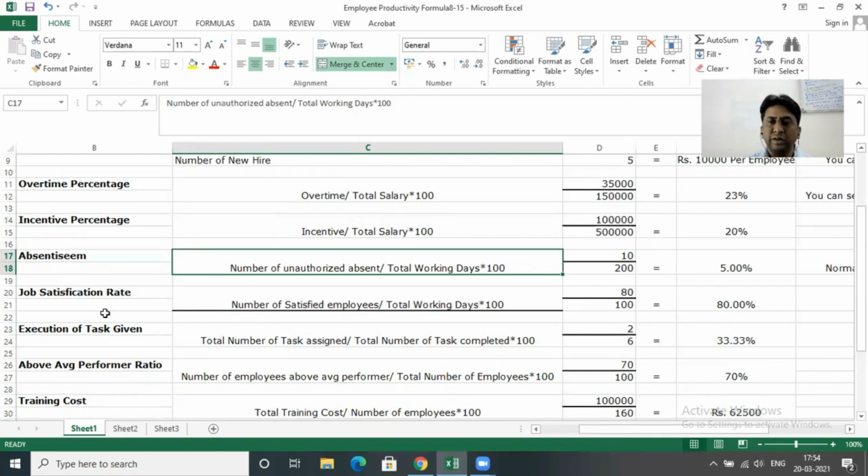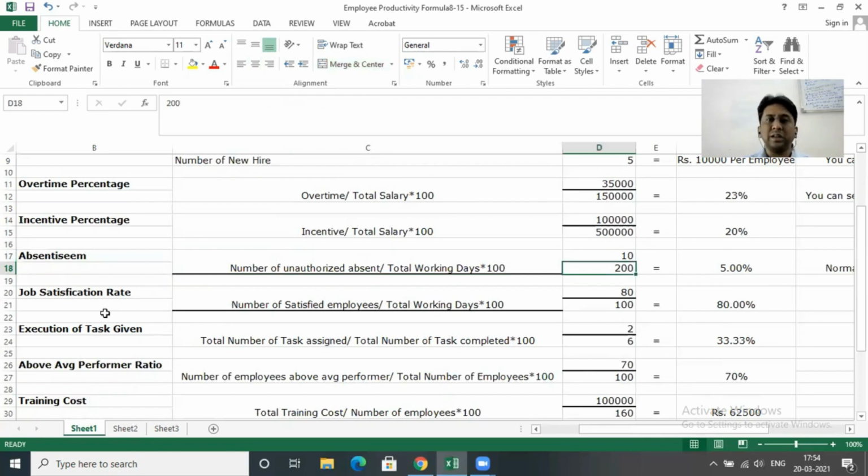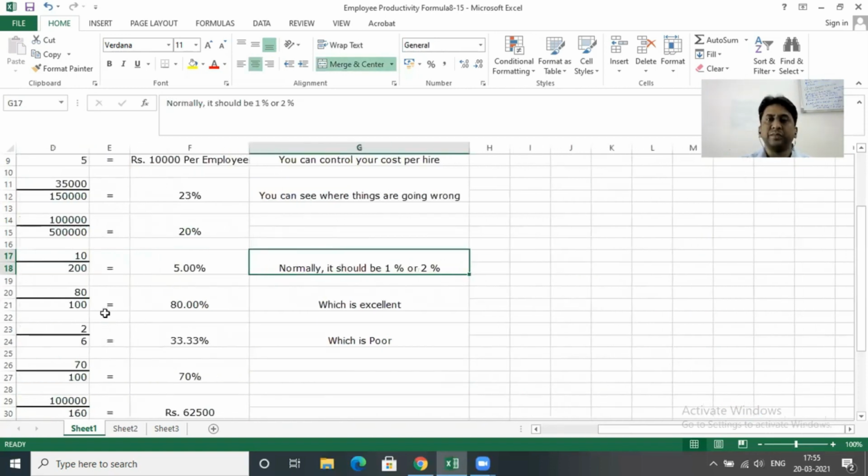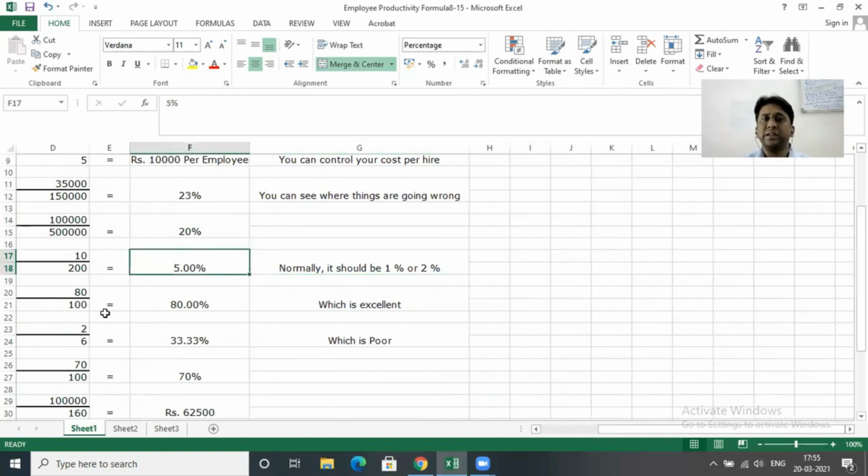Suppose in a year, he has taken 10 unauthorized leaves, divided by 200 working days. So 5% is absenteeism. Normally it should be 1 or 2%. Ideally it should not be there, but normally it is 1 or 2%. But if it is 5% for any employee, that is too bad.